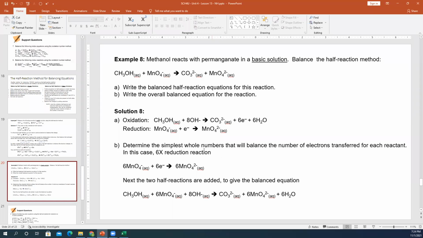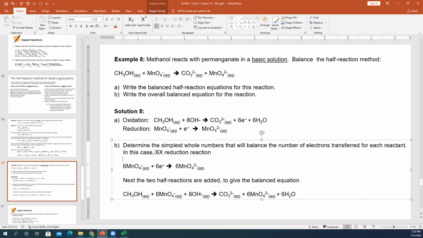Now for B, you would have to determine what is the whole number that will balance out the number of electrons transferred for each of the reactants. So in this case, there's 6 electrons here. There's 1 electron here. How do we balance it out? Well, we would have to multiply this whole thing by 6 in order to have 6 electrons on this side and 6 electrons on that side. So multiply the whole thing by 6 times. If we do that, we end up with this reaction.